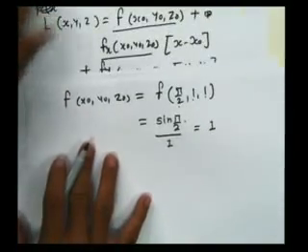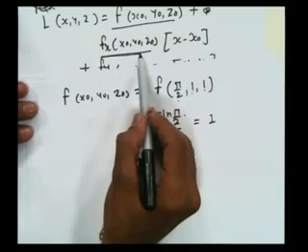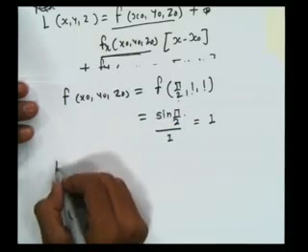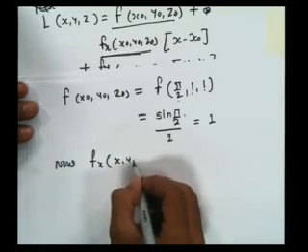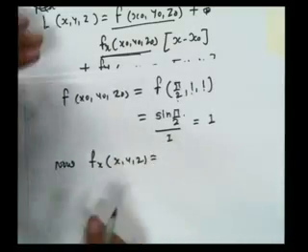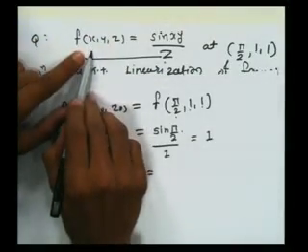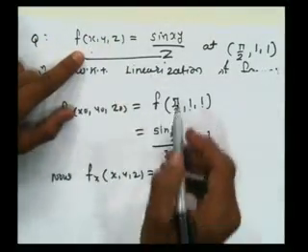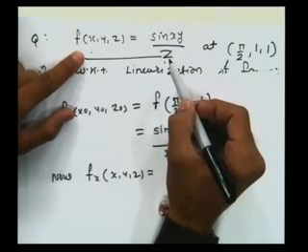Now we need to find fx at (x0, y0, z0). fx(x, y, z) means partial differentiation of f with respect to x, that is differentiation of sin(xy)/z with respect to x only.